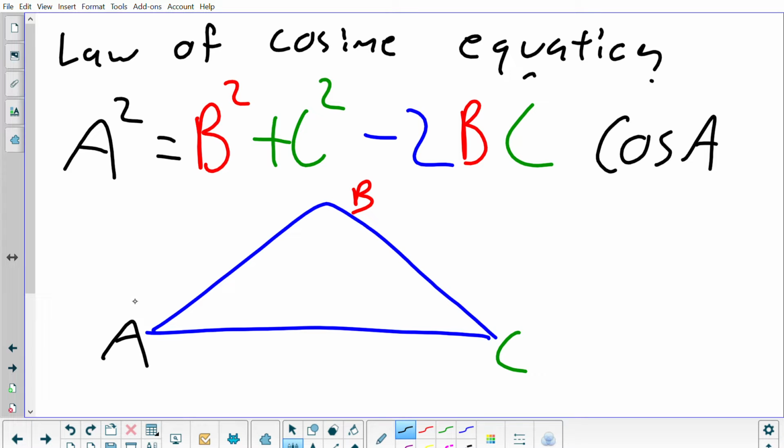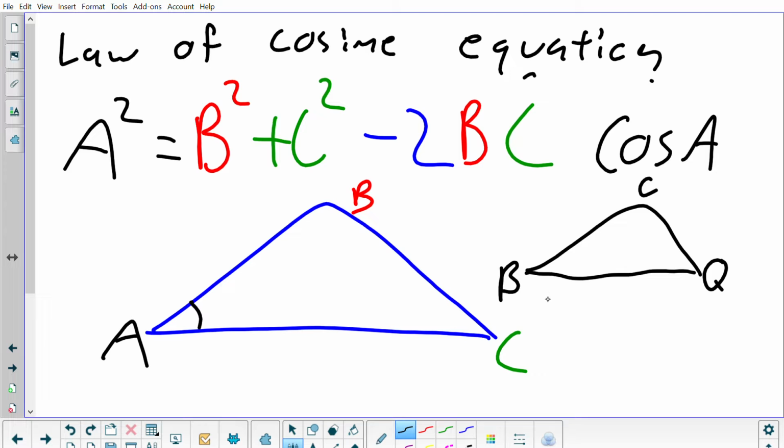But don't get hung up on A, B, C, because if I gave another triangle with B, C, Q, whatever, and B was the first angle we worked with, then my equation would be B squared equals C squared plus Q squared minus 2CQ cosine of B. So whatever is the first angle they give us is the first thing we square, and then just going clockwise, C squared, Q squared, CQ, and then the angle that we started with.